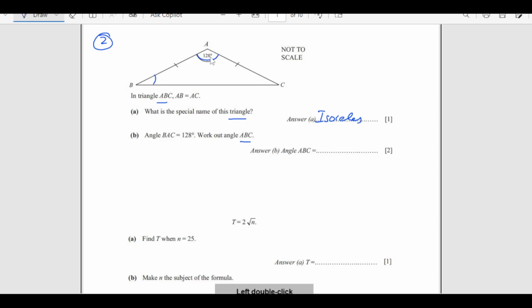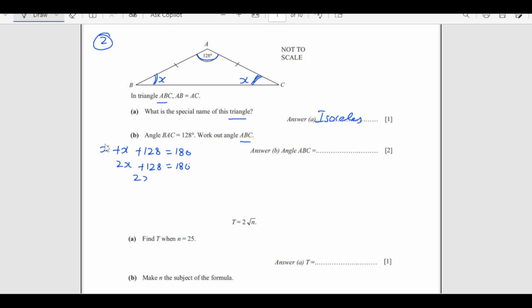Now the property of an isosceles triangle is, when two sides are equal, then their opposite angles are also equal. So this angle here and this angle here are going to be equal. Let's say this is angle x, then this is also going to be x. Now the sum of all the angles of a triangle adds up to 180. So x plus x is 2x, plus 128 equals 180.